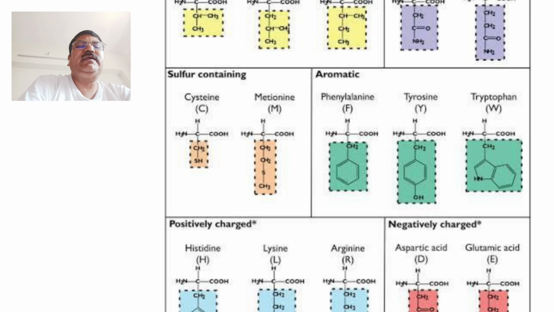This is a sulfur containing alpha amino acid, while in aromatic alpha amino acids there are phenylalanine, tyrosine and tryptophan. All these are the aromatic alpha amino acids.